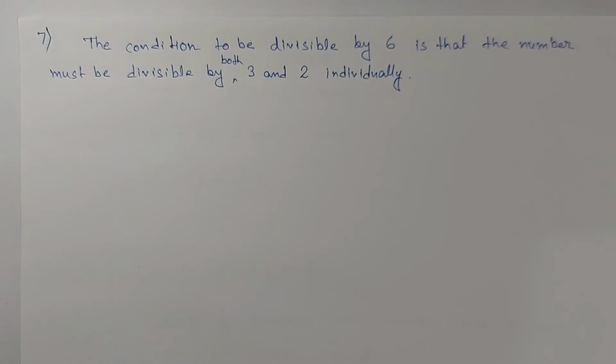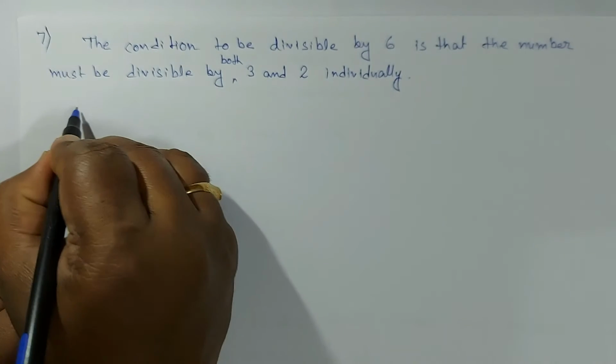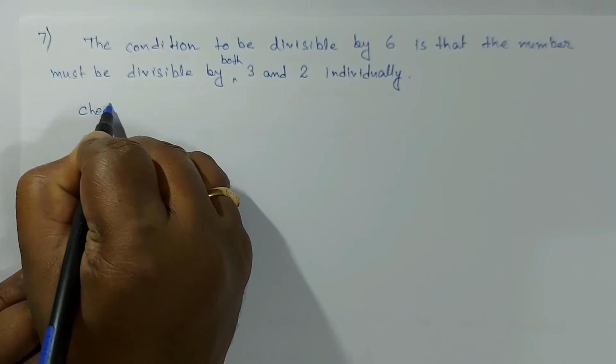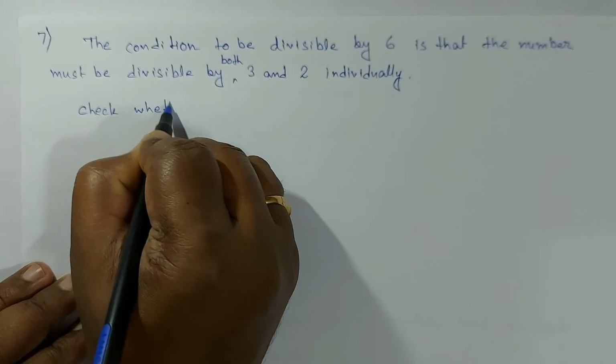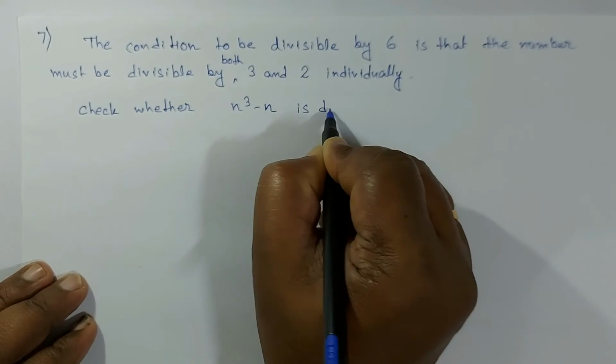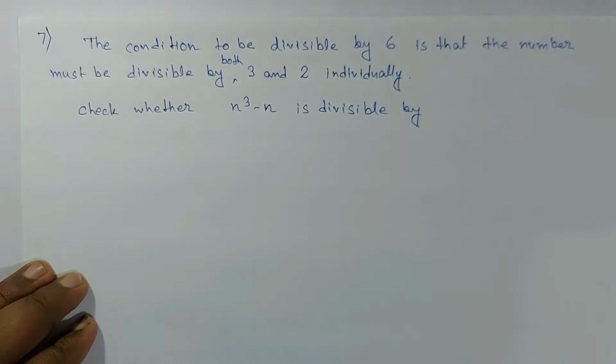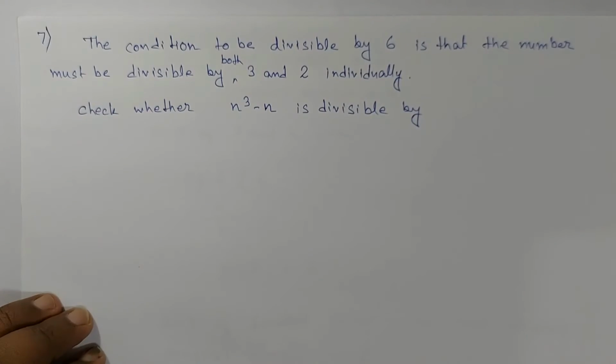That means the number needs to be divisible by 3 as well as divisible by 2. Okay. Now we need to check whether n cube minus n is divisible by 3.